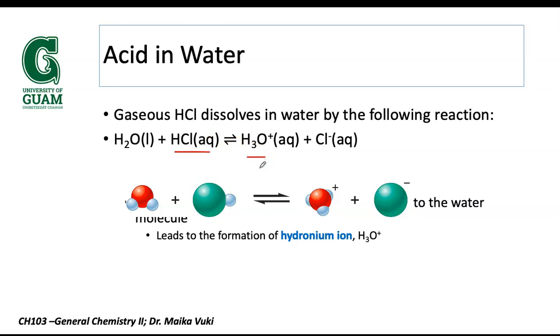Hydronium ion is essentially given as H+ in the abbreviated sense, so at times we're going to be using just H+ instead of hydronium ion. Here we refer to it as hydrogen ion, but the actual species in solution is hydronium ion. And the other product is chloride ion.